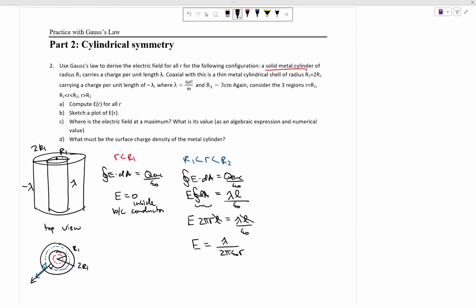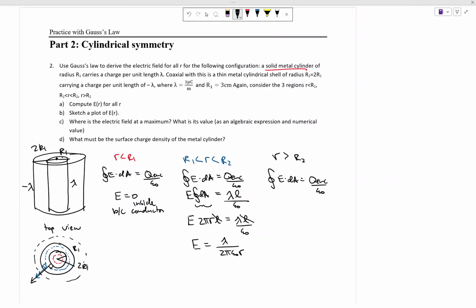And then our last region would be outside the whole thing, outside our Gaussian surface. So for r greater than r2, we've got the same starting point. Now, we're told that the charge per unit length of the outer one is negative lambda.